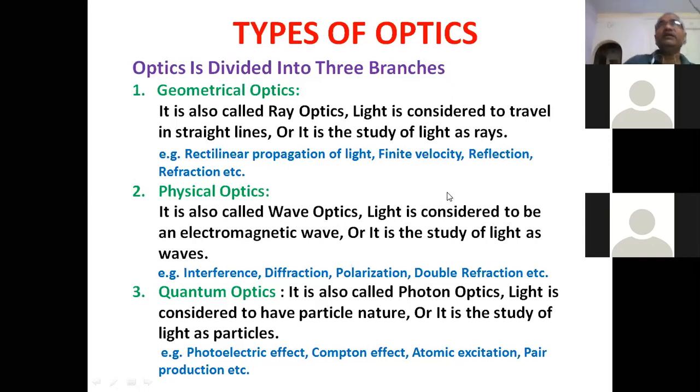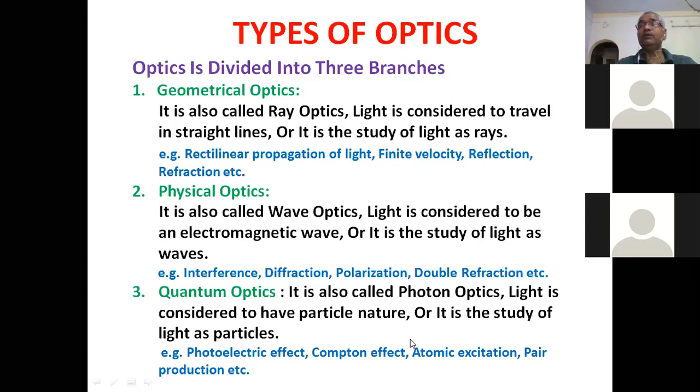In physical optics, light is considered as waves, and the phenomena explained on the basis of waves are interference, diffraction, polarization, double refraction, etc. We have a separate study on interference, diffraction, polarization, and double refraction. Interference, diffraction, and polarization are optical phenomena which cannot be explained on the basis of geometrical optics, but they can be explained on the basis of physical optics, that is, considering the wave nature of light.